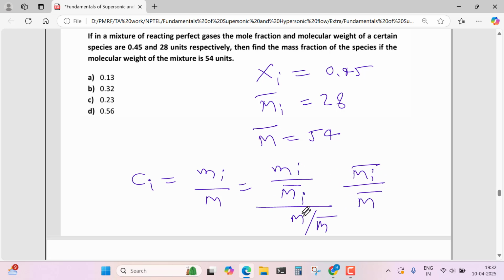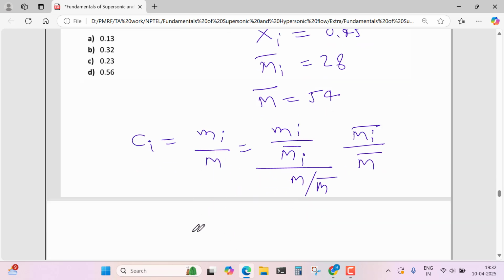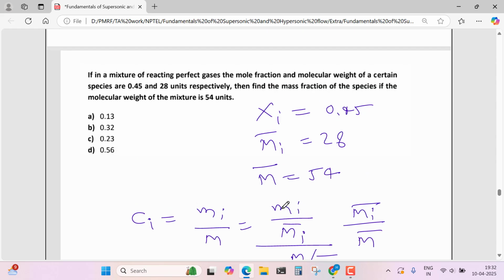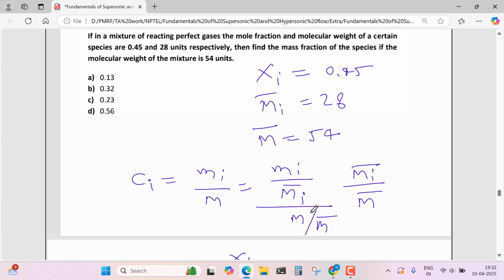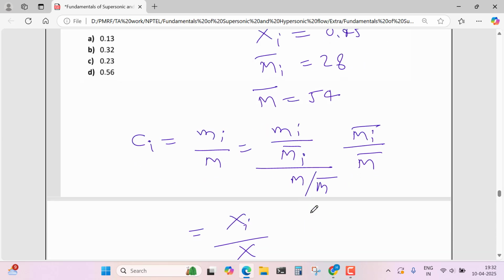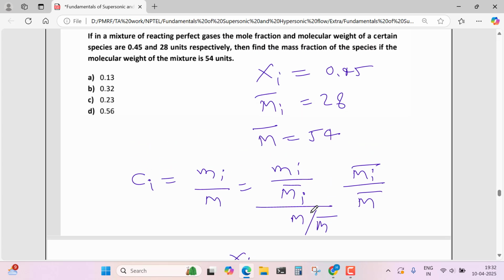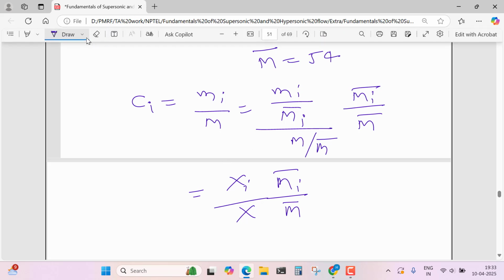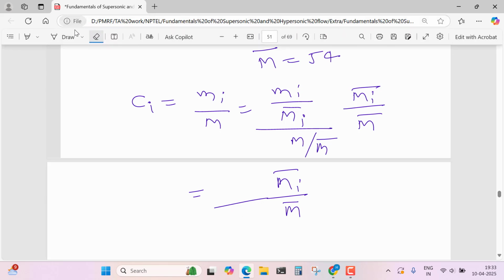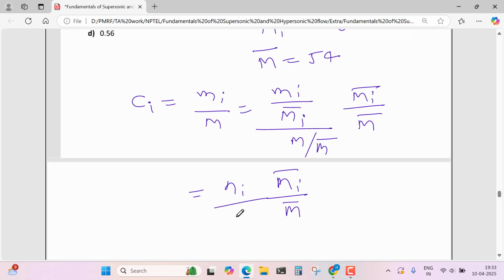We have divided the numerator and denominator by the molecular weight of the respective terms. So m_i upon m_i bar is the moles of the species, and m upon m bar is the total moles. So this is the mole of this and the total mole.